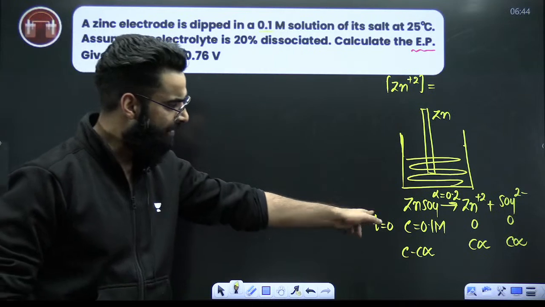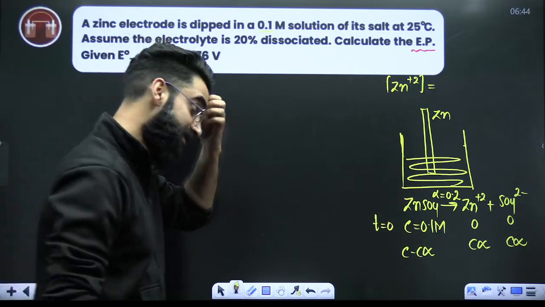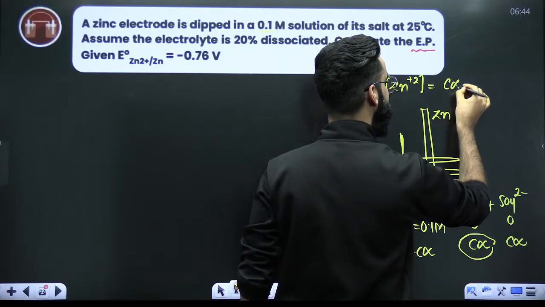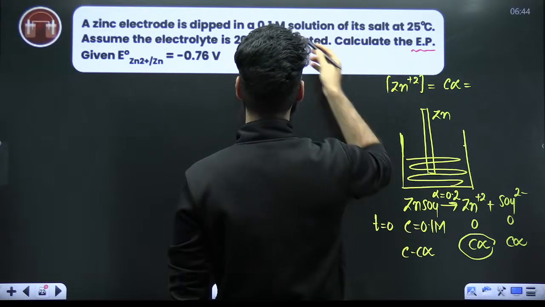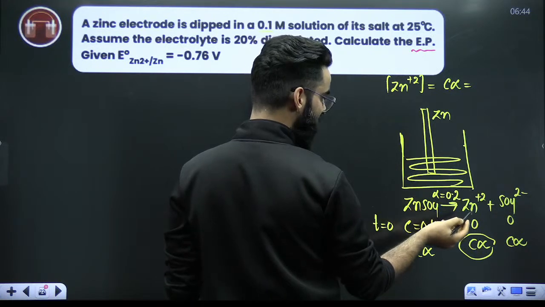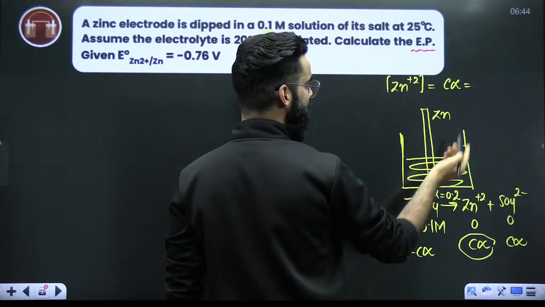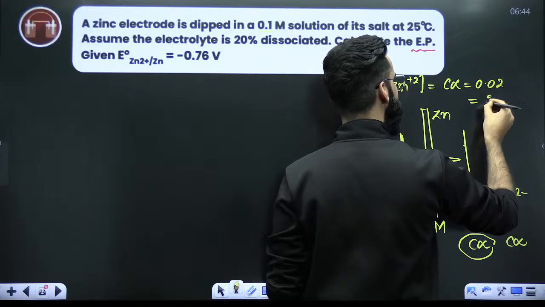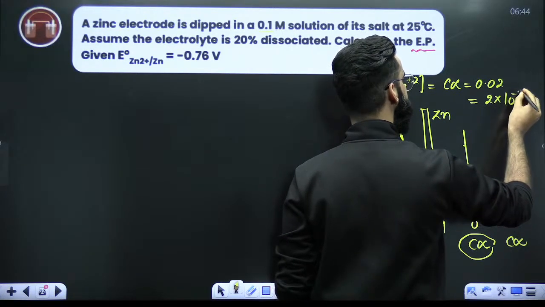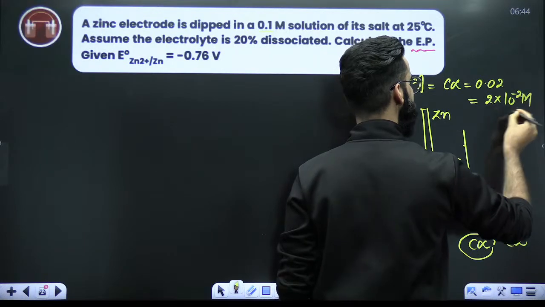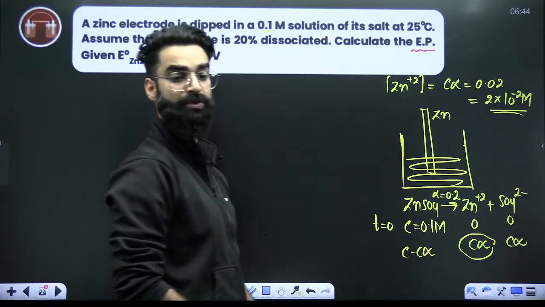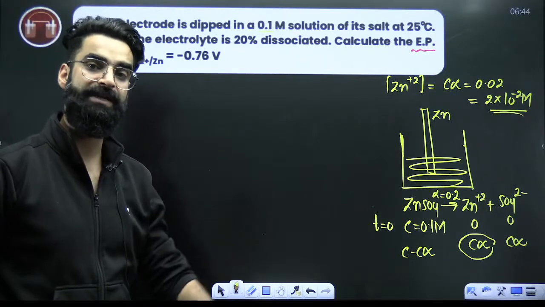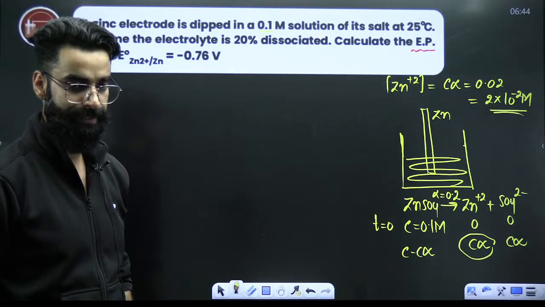The concentration of zinc di-positive is C alpha. C value is given to us, 0.1. Alpha value will be how much? 0.2. So 0.1 into 0.2 makes it 0.02, or you can write it as 2 into 10 raised power minus 2 molar. So this is the concentration of zinc di-positive in the container when 20% electrolyte has got dissociated into its ions. I hope this is clear.